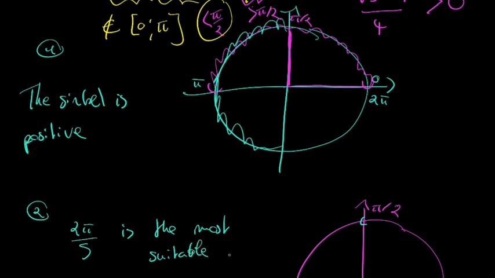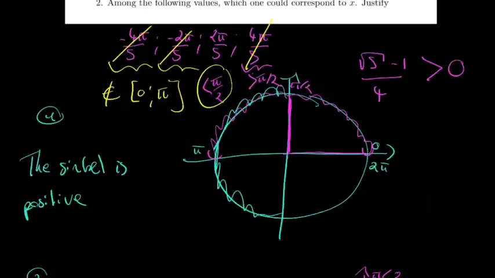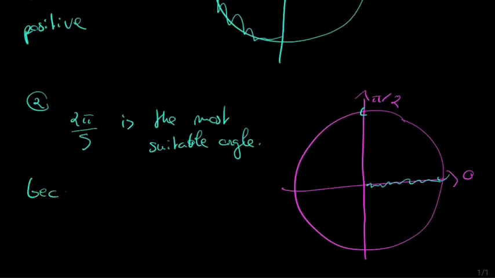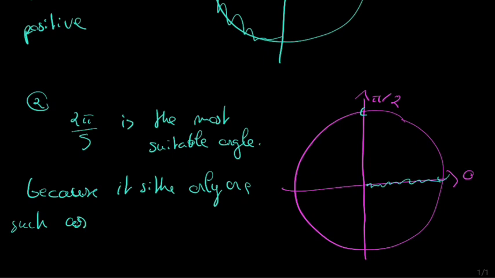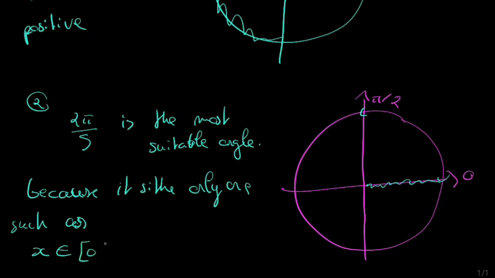So 2 pi over 5 is the most suitable angle. And we've justified why, because it is the only one such that x is in 0 pi first.